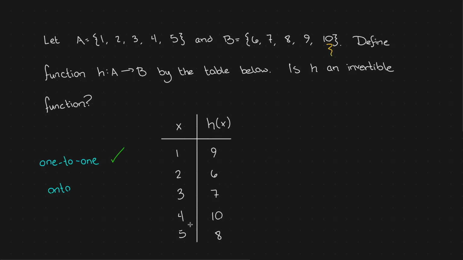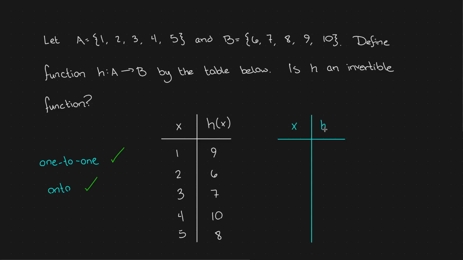And 10: h of 4 equals 10. That was all of the values in my codomain, which means the function is onto. We reach each value in the codomain. We don't leave any out. So is this finally enough? Do we have an invertible function?